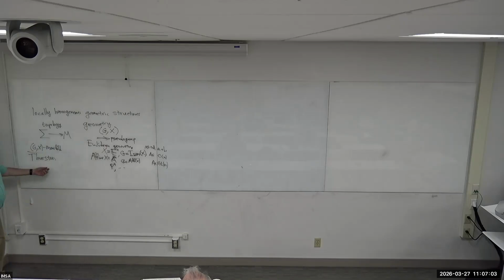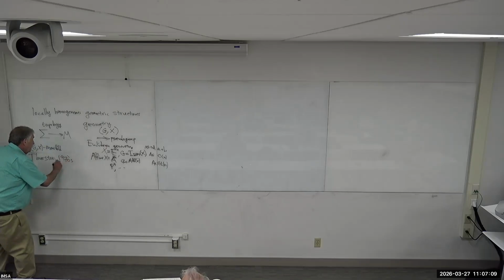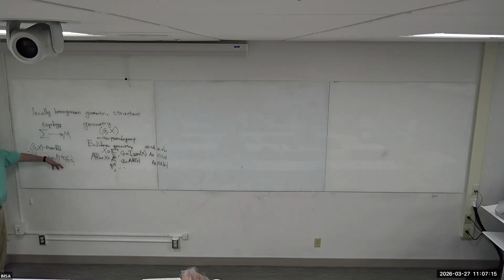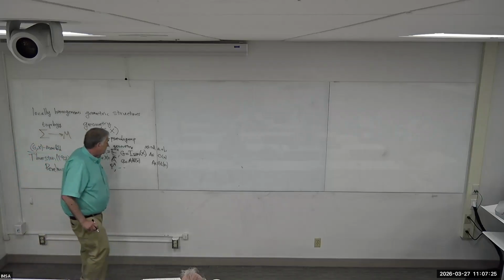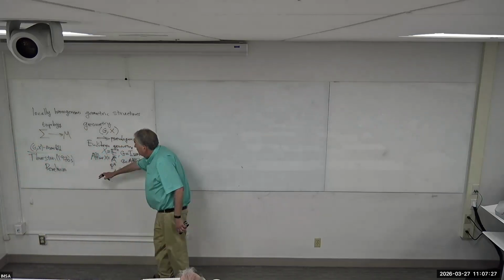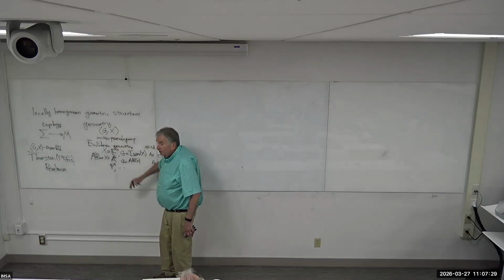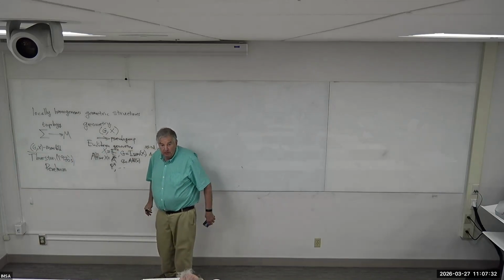He conjectured that every 3-manifold can be canonically decomposed into geometric pieces of 8 different geometries, and then this was later proved by Perelman, which makes it all more remarkable since these (G,X) manifolds are extremely special.